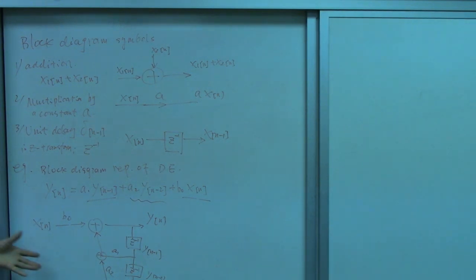Every time you see this block diagram, you know the difference equation is like this. Any questions? This is a very simple example, a second order difference equation, second order system, and we used all three fundamental operators: addition, multiplication with a constant, and unit delay.